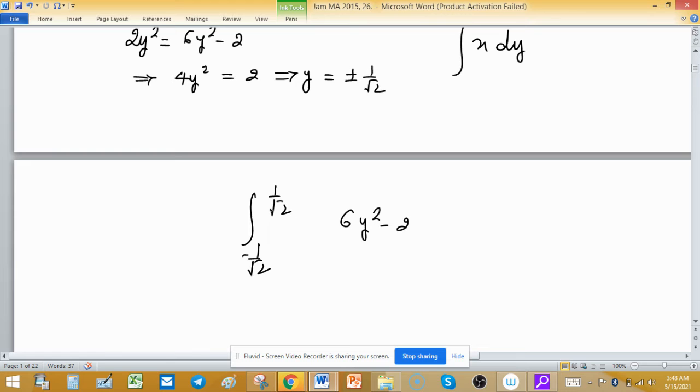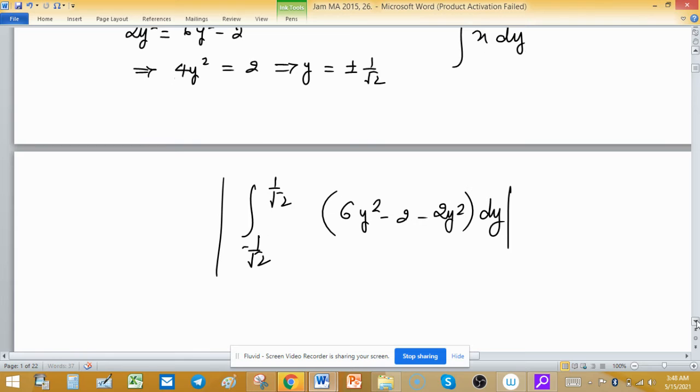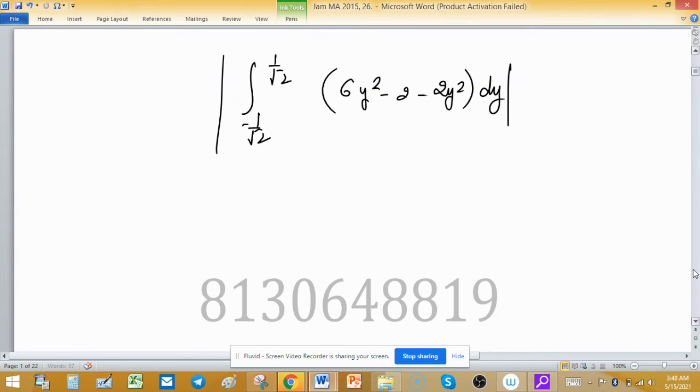But this is area, so you can take the mod. So there is no need to write in any specific order. You can write in any order. So 2y square, and integrate with respect to y, because this is area and we know that area never comes negative.